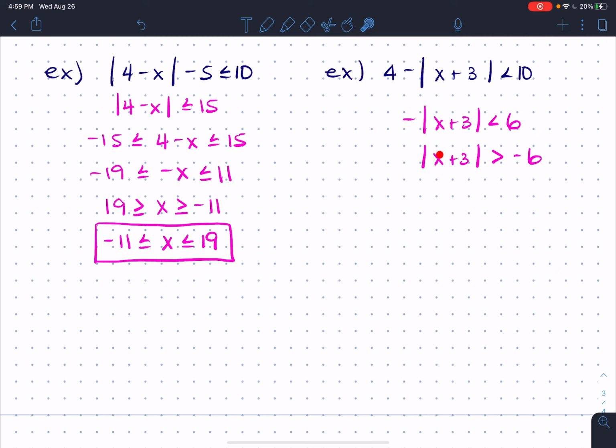No matter what number you put in for x, once you take the absolute value, you're going to get a 0 or a positive number here. Isn't a 0 or a positive number always greater than negative 6? So don't do anything. Just write the answer. All real numbers. And be done with it.